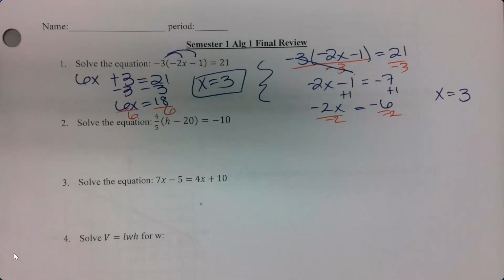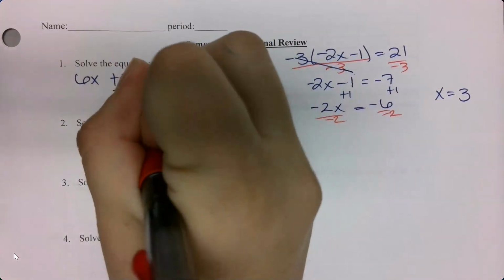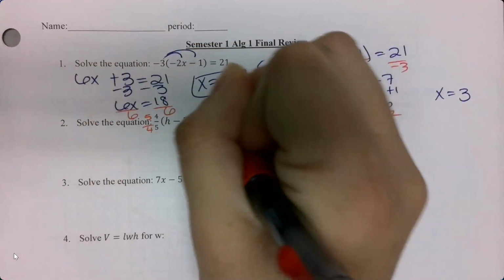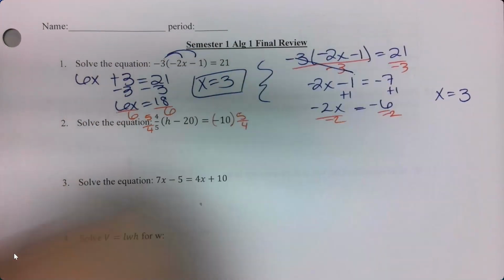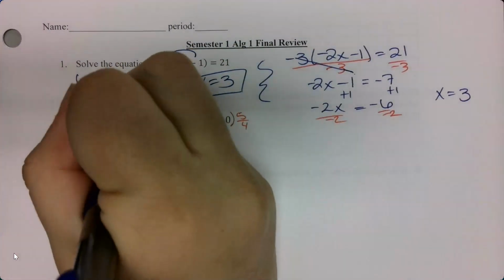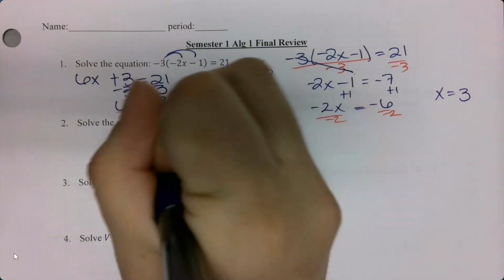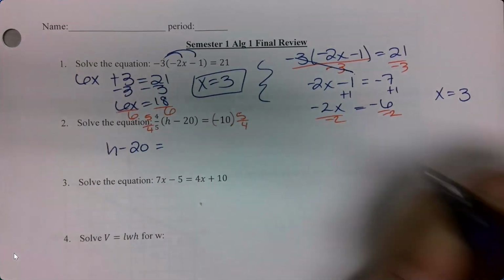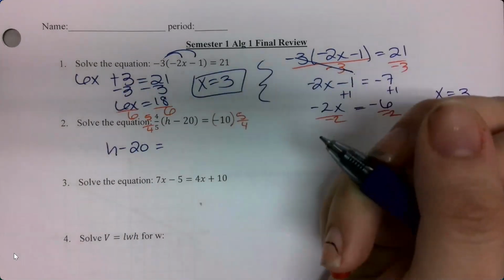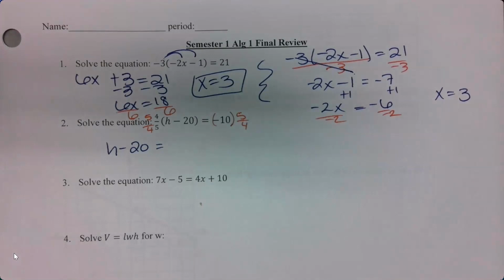On number 2, I'm actually going to go ahead and use the second way because I want to get rid of the fraction. So remember, to get rid of fractions, I want to multiply by the reciprocal. I'm going to multiply both sides by 5 over 4. So on the left side, this is going to give me h minus 20. On the right, -10 times 5 is -50 divided by 4. Or I can use the calculator. Let me go grab mine.